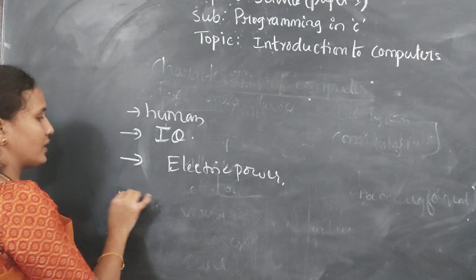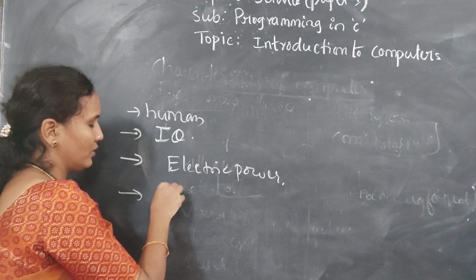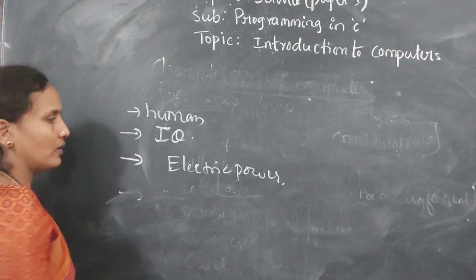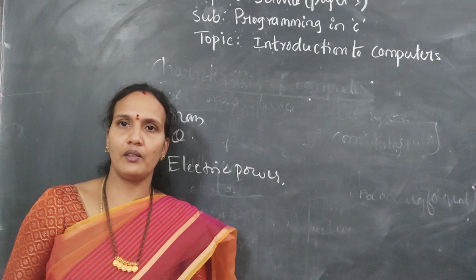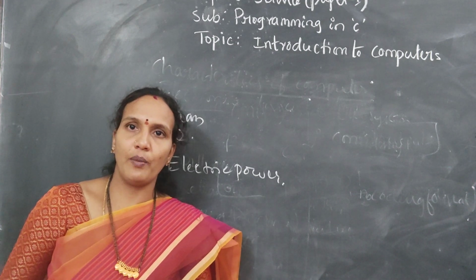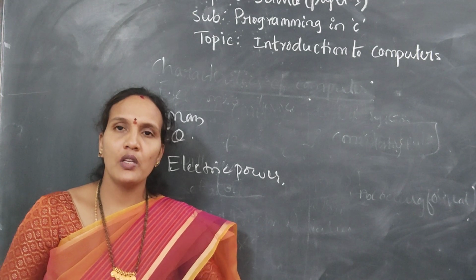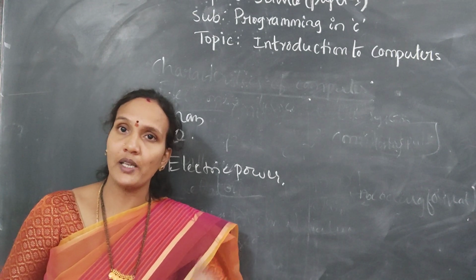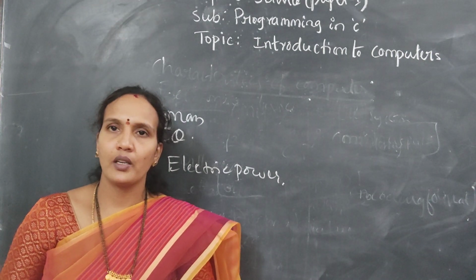And it is cost. It is not actually, it is one of the disadvantages. Whatever it needs to perform, all the instructions are given by the user. So it completely depends on user instruction only. That disadvantage we have. Understand?